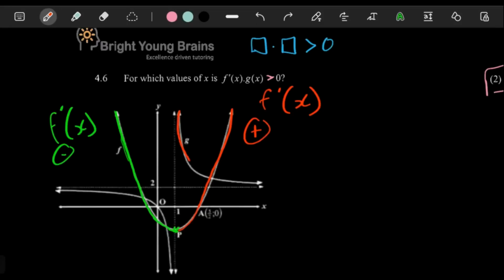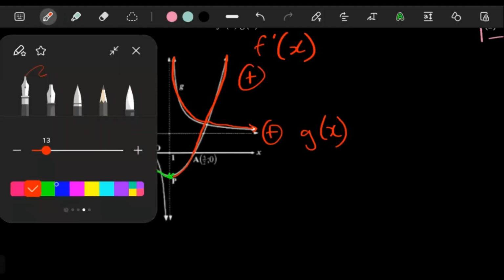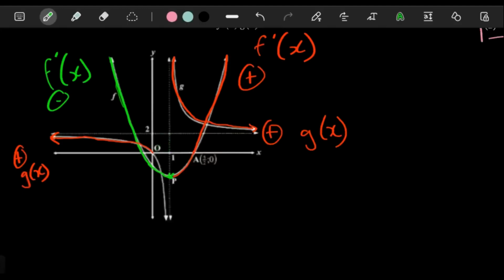This is where the y values of g are positive, and this part here is also where the y values of g are positive. Apart from that though, this is where the y values of g are negative.